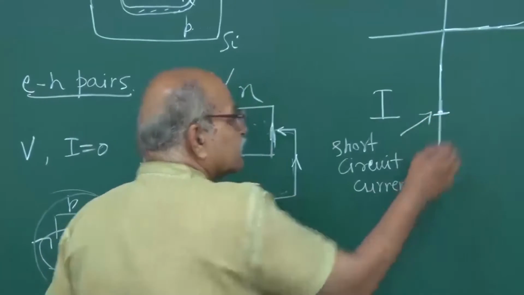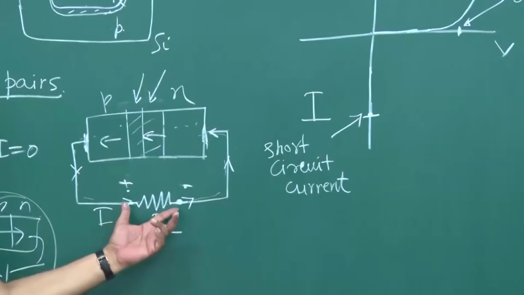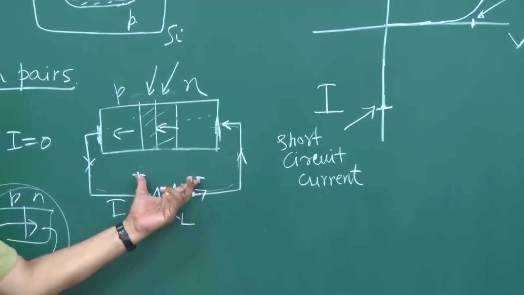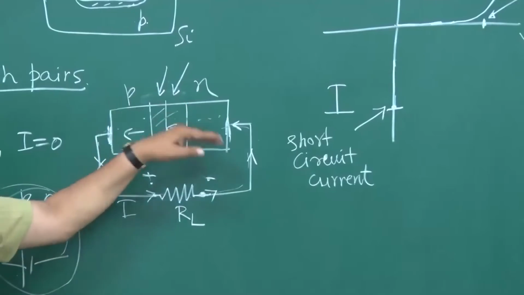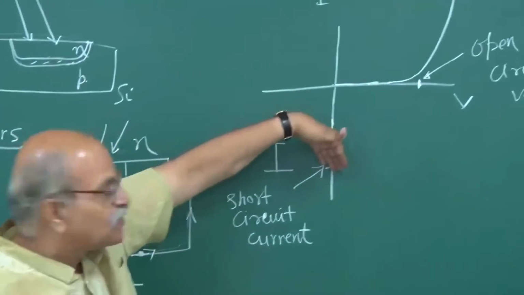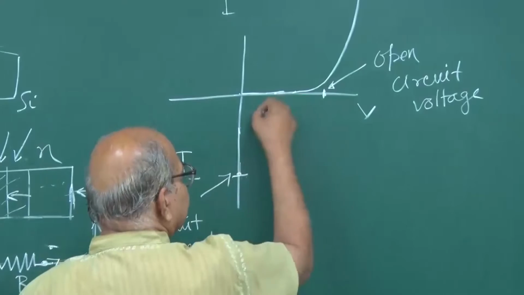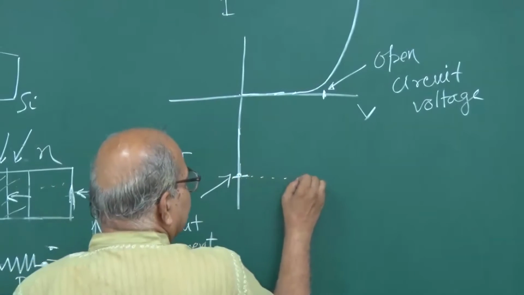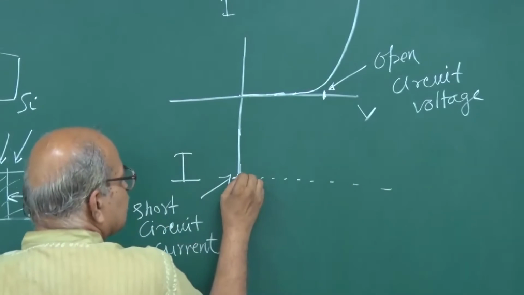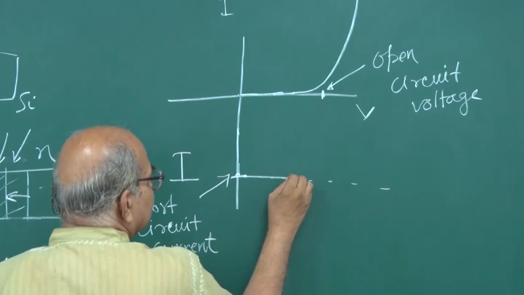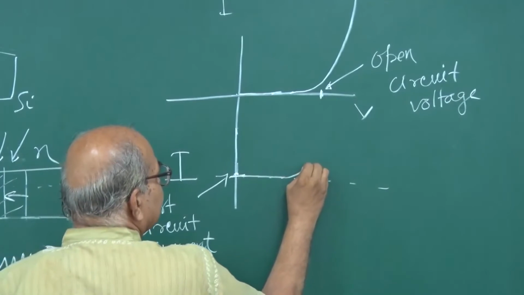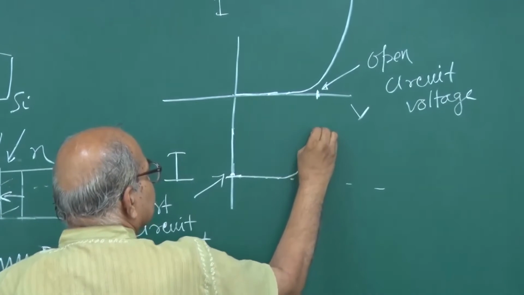But then because of this RL, because of this voltage appearing here, you have a forward bias current. So this will be superimposed on this. If it is not there, then you have this current, but then on this you superimpose this, and this current will vary something like this, something of this sort.